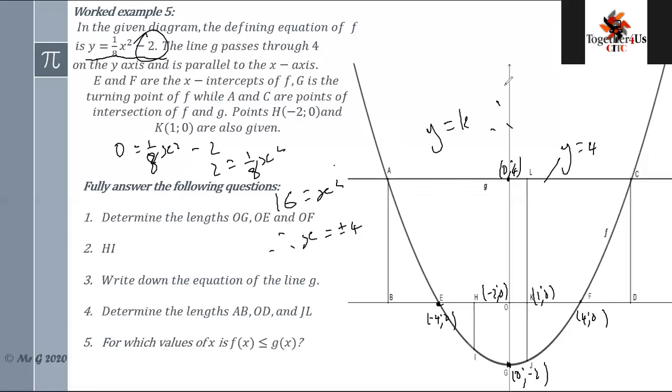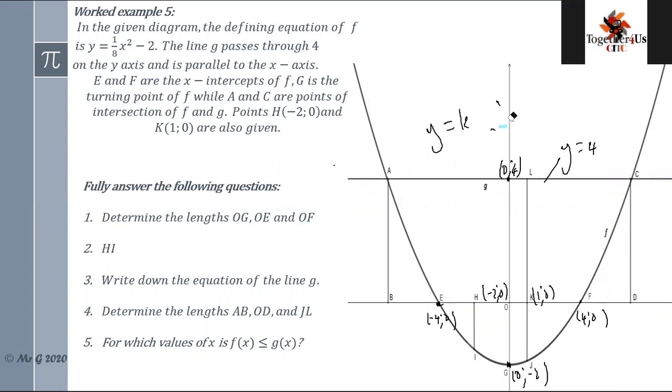Now, we have to answer the following questions fully. What I'm doing here, guys, is to show you a skill that you will need to use when you answer questions like this in your exam. 1, determine the length of OG. Where is OG? O is at the origin. G is down here. So from here to here, that's OG.